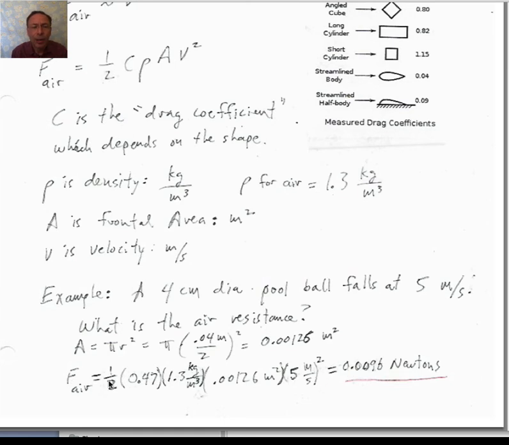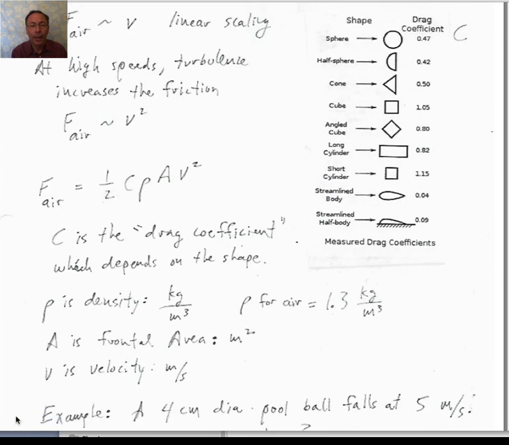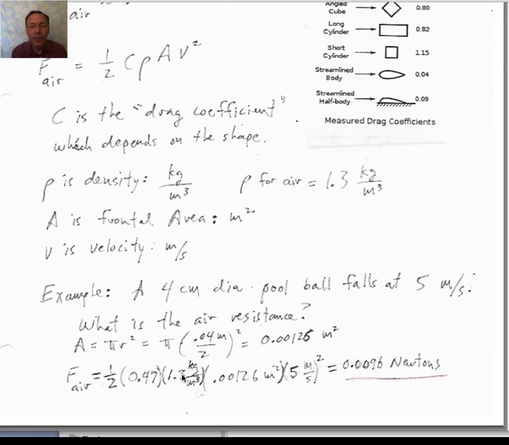And so I have 1/2 times the 0.47 from the sphere times the density of air, 1.3, times the frontal area times the velocity squared, and I get my answer. The air friction on the pool ball at this speed would be 0.0096 newtons.